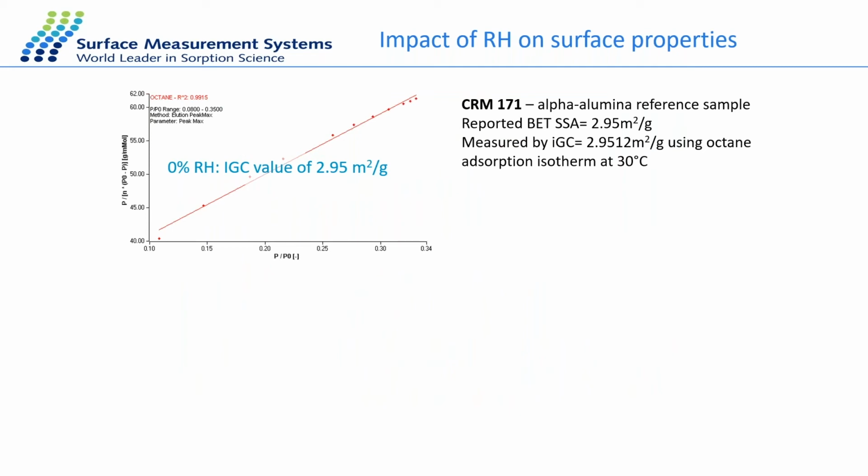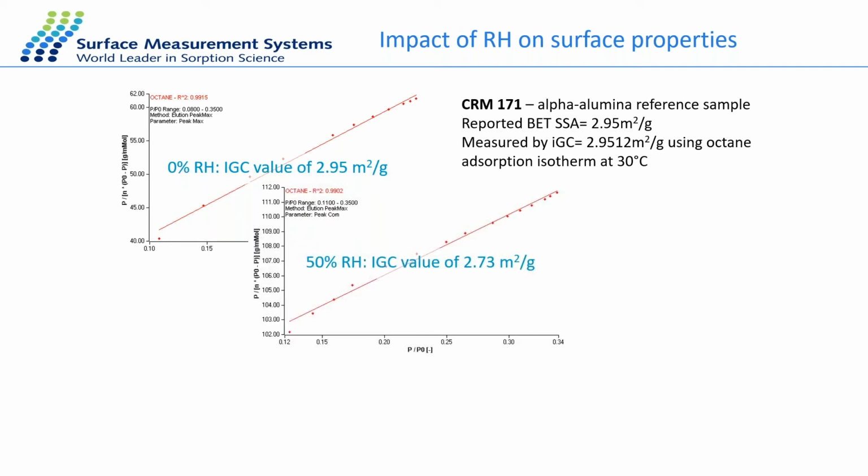As I mentioned, the humidity option is quite a huge advantage of our instrument, because we can determine the impact of the relative humidity on the surface properties, like the surface area. You can see that for the reference material, this alpha alumina sample, the surface area with the dry carrier gas, if there's no humidity, is 2.95, which is the reported surface area value of this sample.